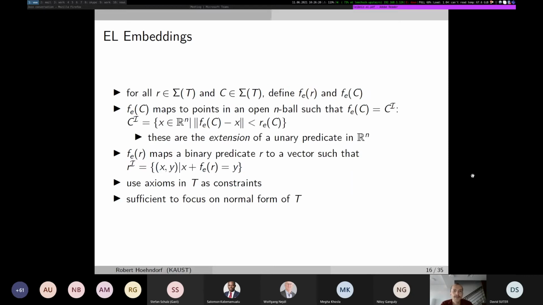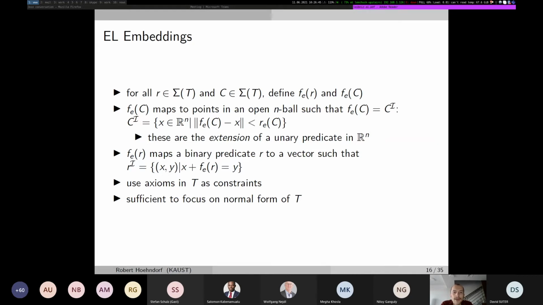And our idea was then we define two functions. Essentially, we map concepts to open n-balls, so that our embedding of a concept is the set of points which lie within this open n-ball. And this is going to be the extension of unary predicates or concepts within R^n.